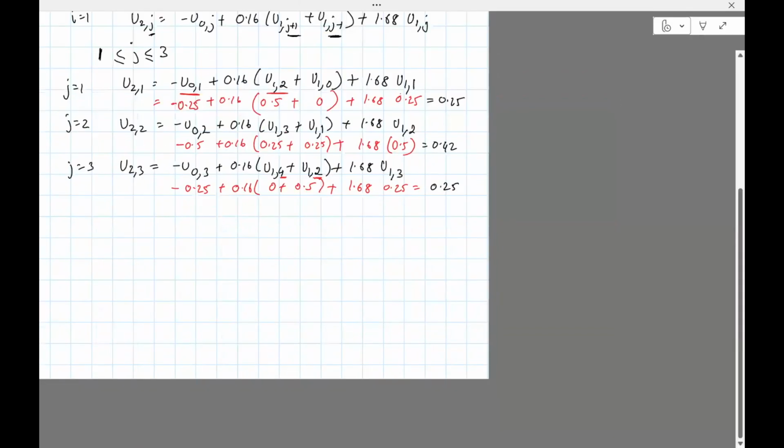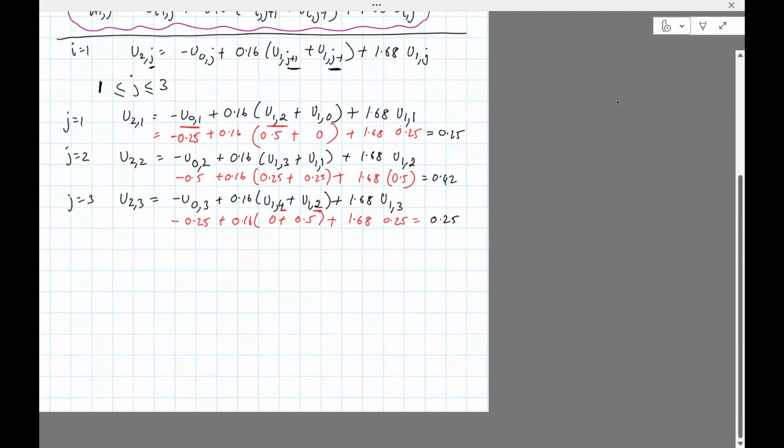So it just helps if you tabulate the results. What we found is u of 2, comma 0 is not over here, but it is actually here.